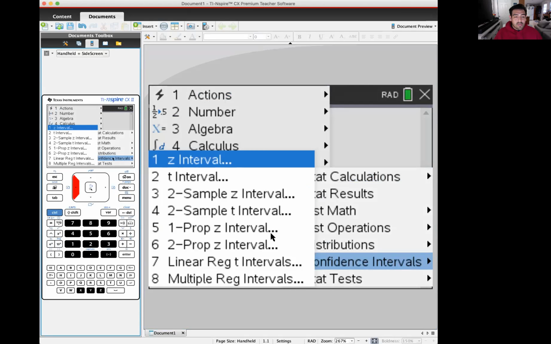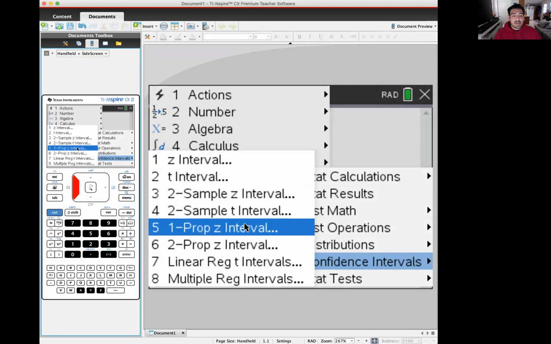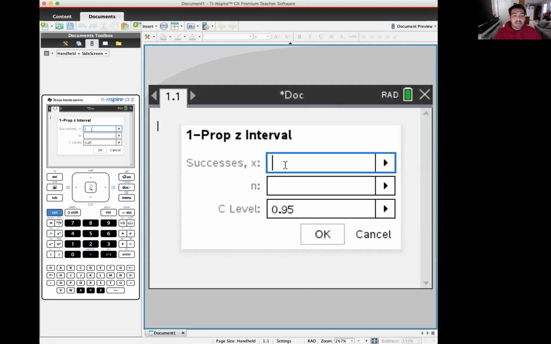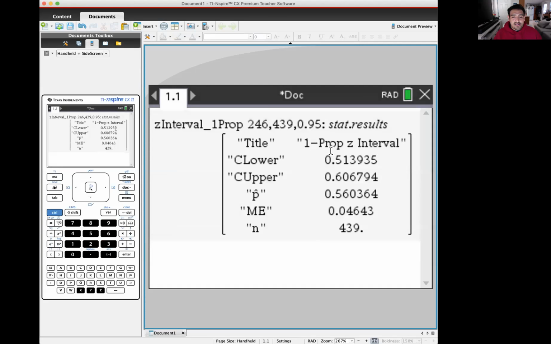Same option, the 1 proportion Z interval. The number of successes, right, 246. Our sample size is 439, 95% confident. Click OK. It tells us our lower bound, our upper bound. It even tells us our sample statistic, and it tells us the margin of error. Remember, the margin of error is plus or minus the sample statistic to give us our upper and lower bounds.